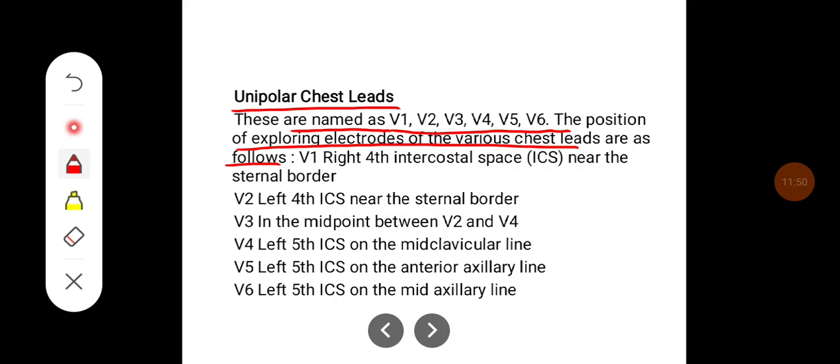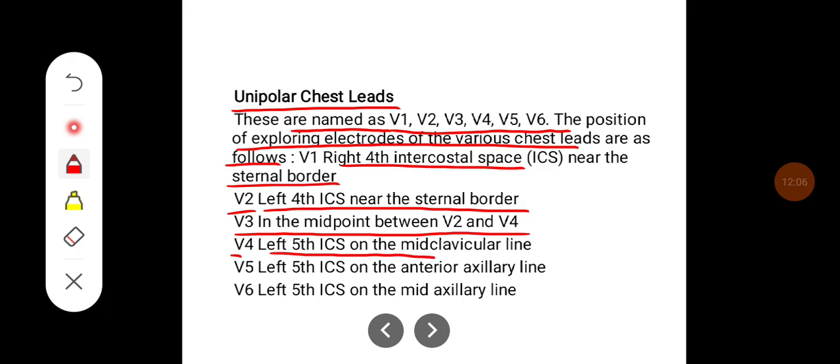V1 is in the right fourth intercostal space near the sternal border, V2 in the left fourth intercostal space near the sternal border, V3 in the midpoint between V2 and V4, V4 in the left fifth intercostal space on the midclavicular line, V5 in the left fifth intercostal space on the anterior axillary line, and V6 in the left fifth intercostal space on the mid axillary line.